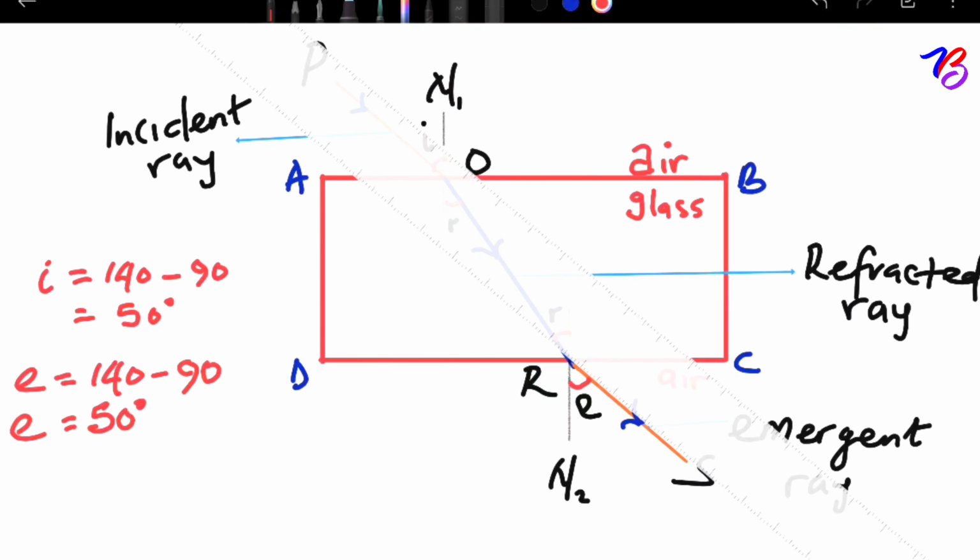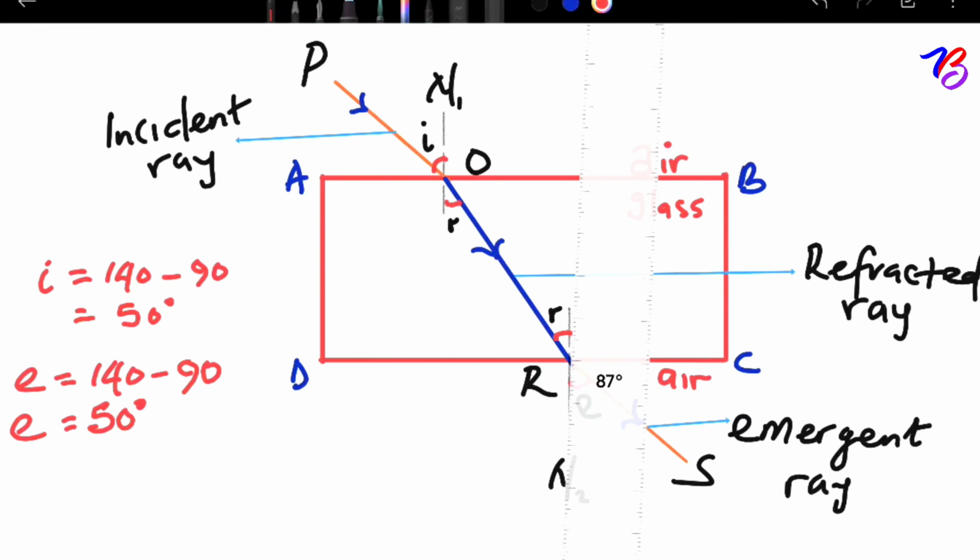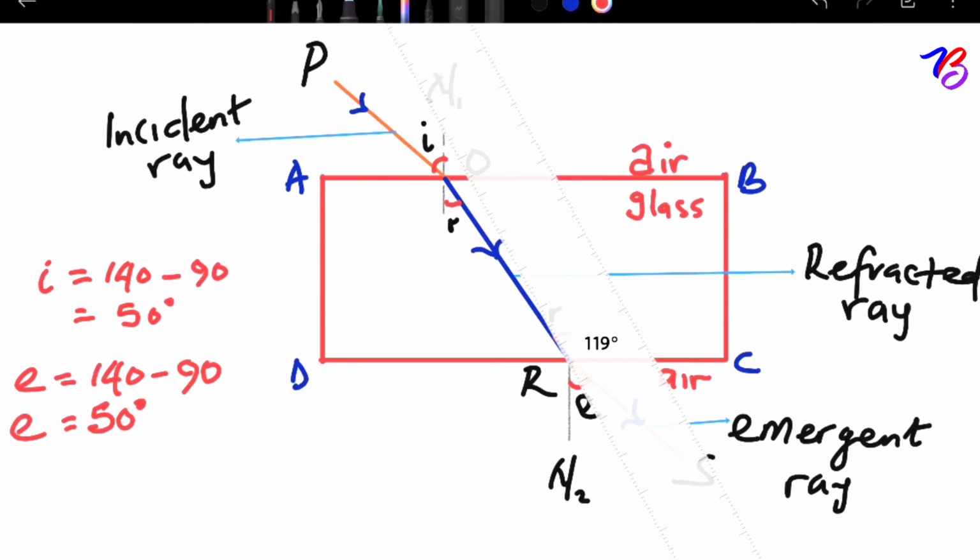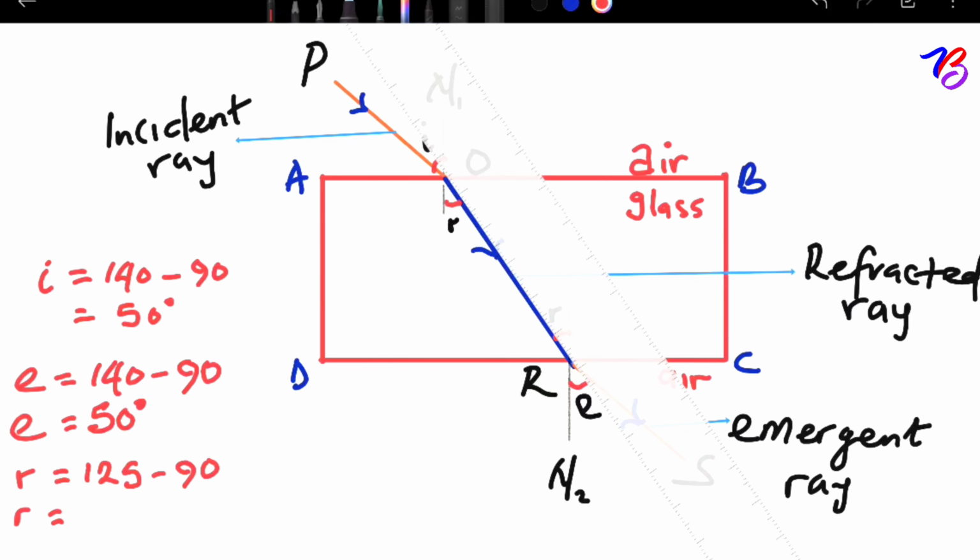So in most of the cases, your I will be equal to your E. I hope you are following. Even if there are some discrepancies, it will not be greater than 1. Are we here? So please take note of this. Then for you to measure your R, your angle of refraction R, it will give you 125 based on our visual ruler minus 90, so that our R will equal 35 degrees.